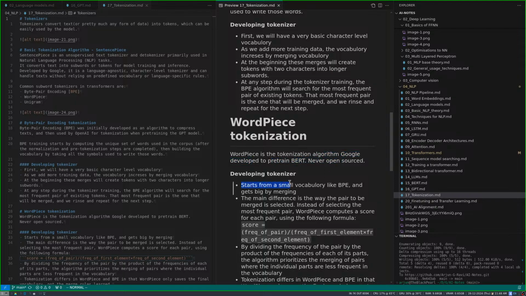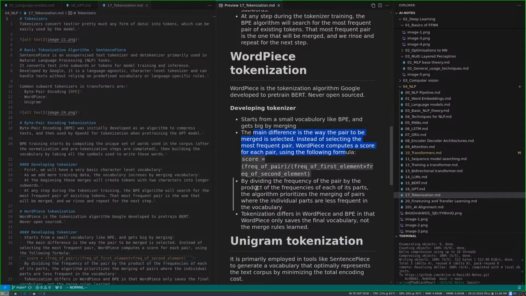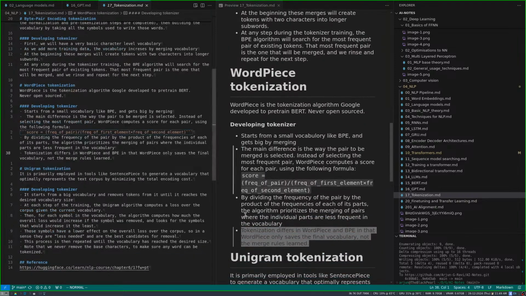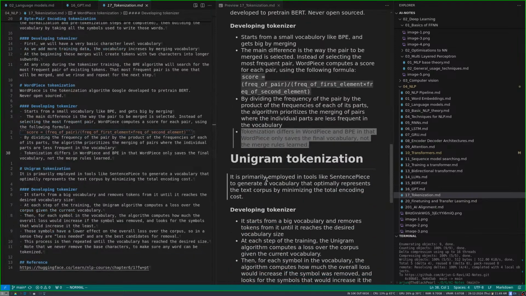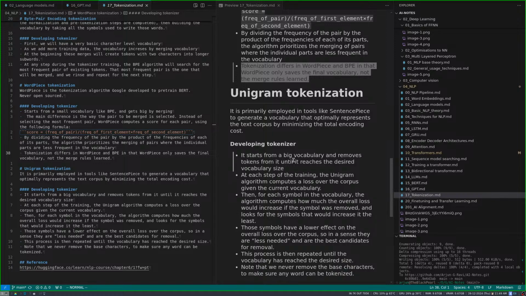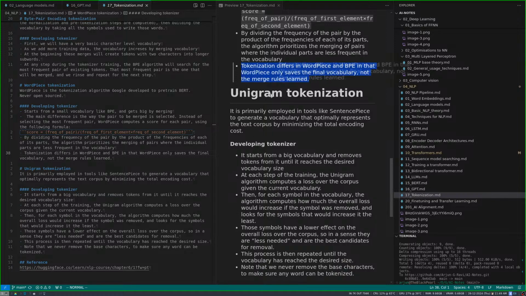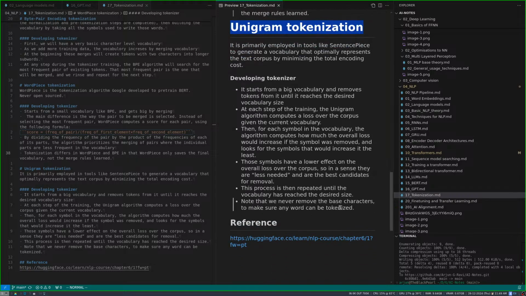It has a small vocabulary size like BPE. The main difference is the way they pair. Instead of selecting the most frequent pair, WordPiece assigns a score for each pair using a formula. Tokenization in WordPiece only considers the final vocabulary, not the merge rules. Unigram starts from a big vocabulary and removes. Okay, this is what I thought. Byte pair encoding was earlier.